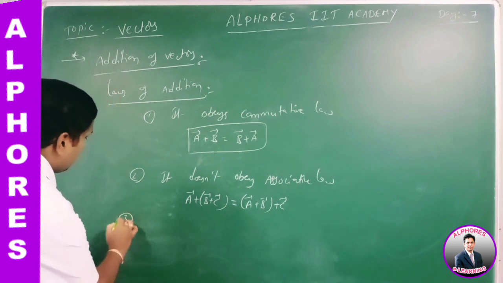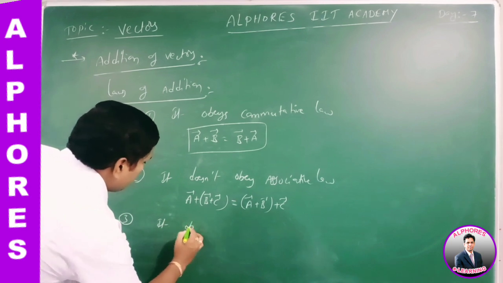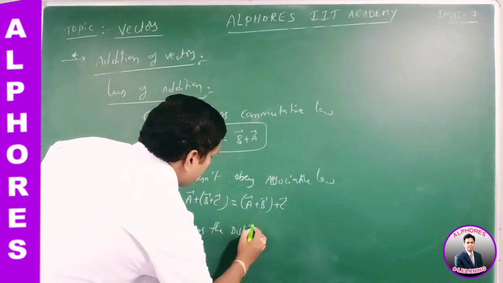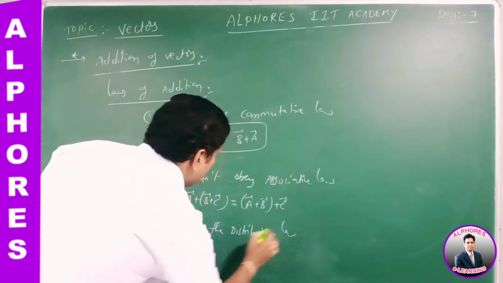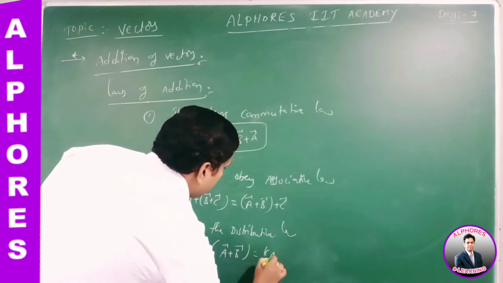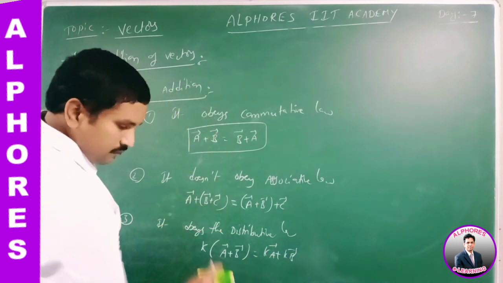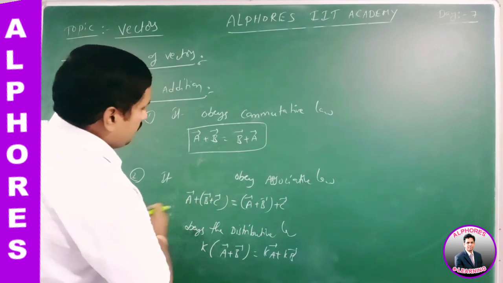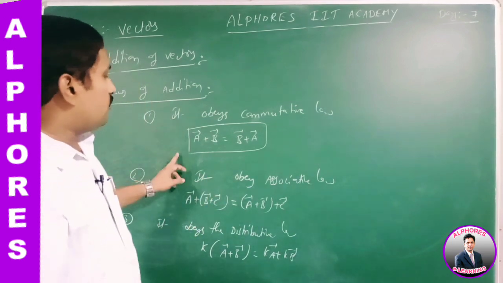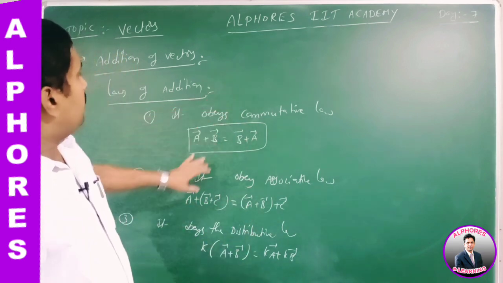And it obeys the distributive law also. That means some constant times A bar plus B bar is equal to constant times A bar plus constant times B bar. So the addition of vectors obeys three laws: the commutative law, the associative law and the distributive law. These are the general laws of addition.